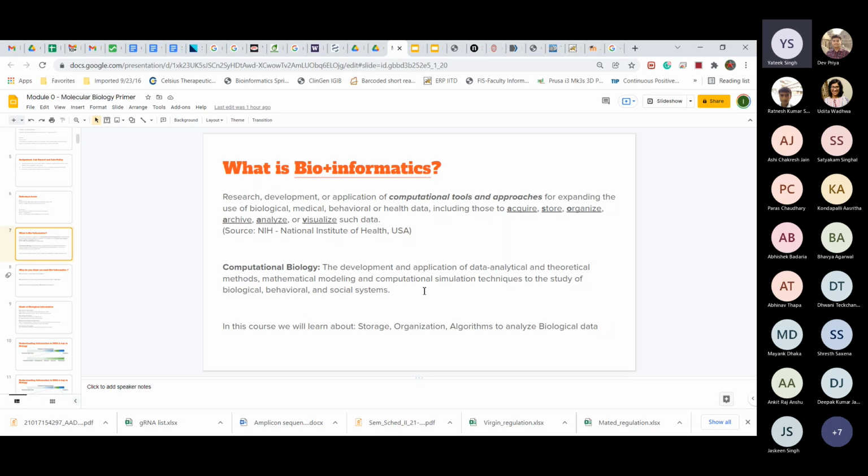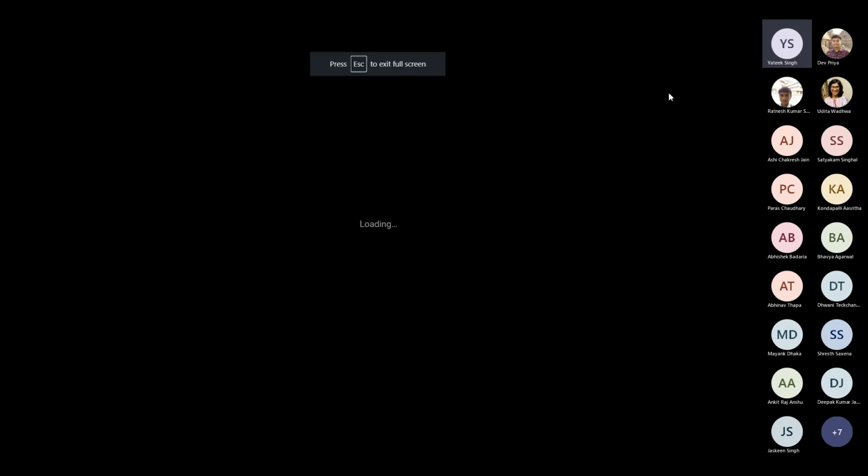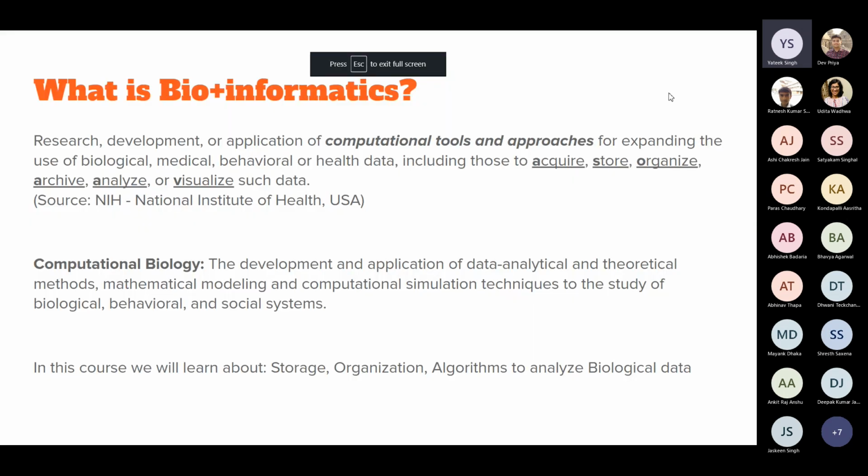So very often bioinformatics is juxtaposed or compared with what's called computational biology, and I would say that they are two faces of the same coin. Computational biology is more the development of applications at the end point of bioinformatics.